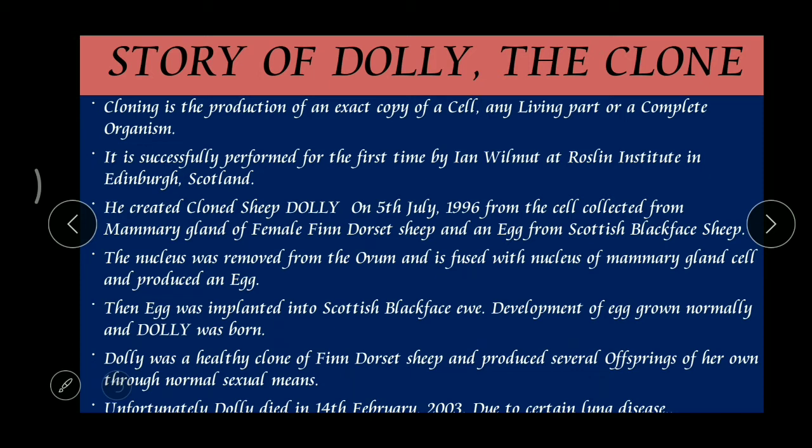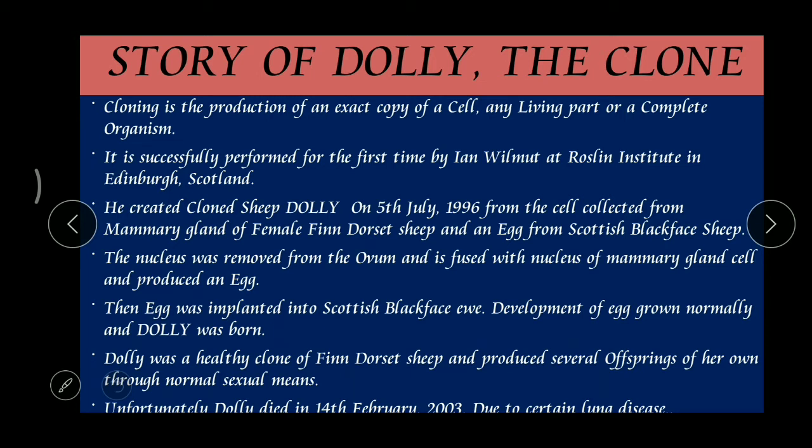When you get a Xerox copy, can you find any change between the Xerox copy and the original? No. Whatever matter we find in the original, the same matter will be copied without any changes. This is also like a Xerox. Whatever animal we are cloning, the same characters will be exactly copied by this process.